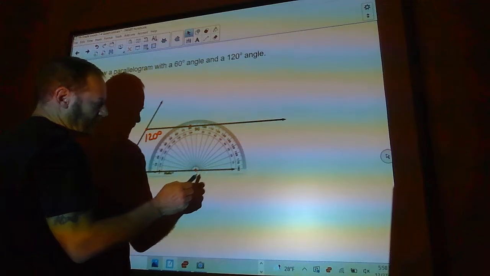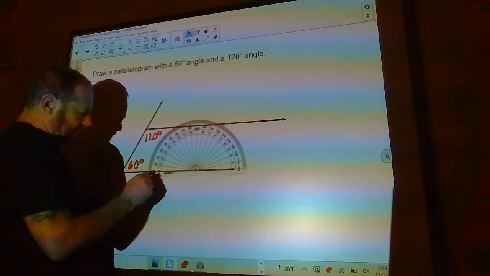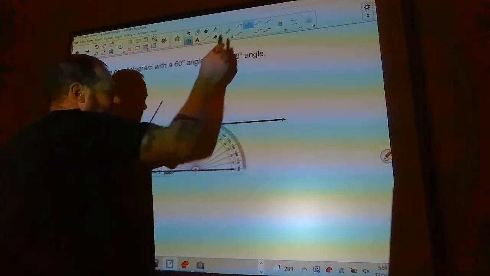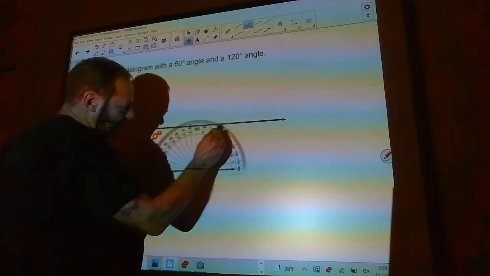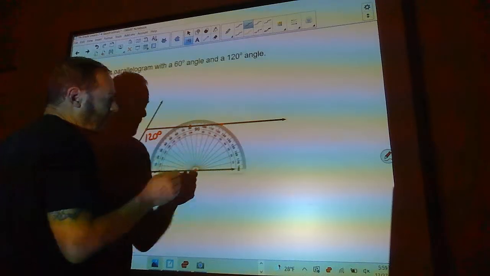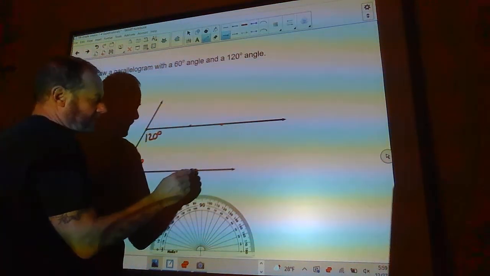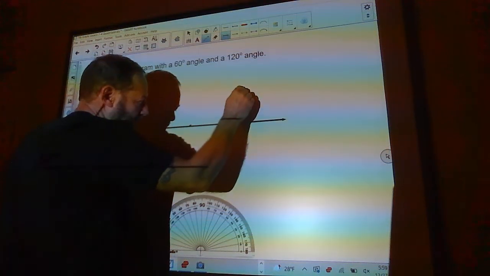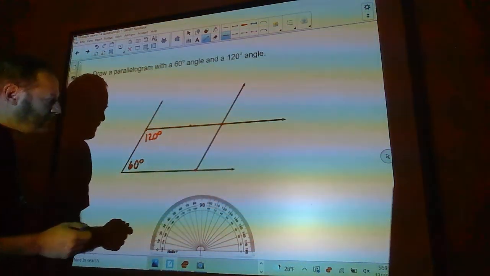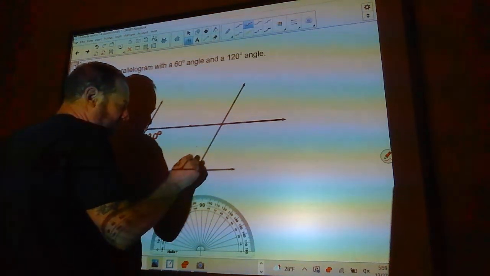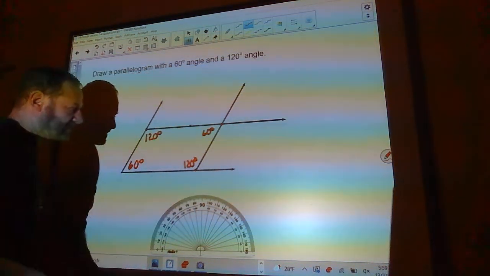So I'm going to measure a 120-degree angle from here because I've lined it up with this side. So 120 degrees would be right here. Okay, and now I can get this out of the way, and I can line this up with that. And now I've made a 120-degree angle here, which means that this has got to be 60 because that's all that's left.